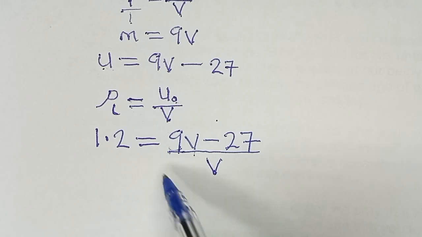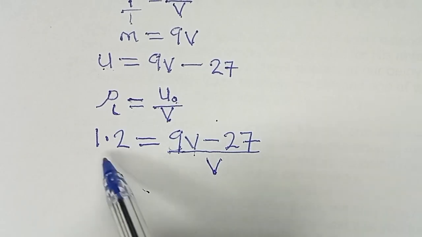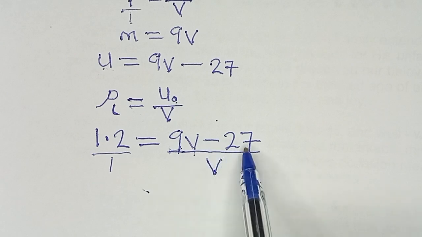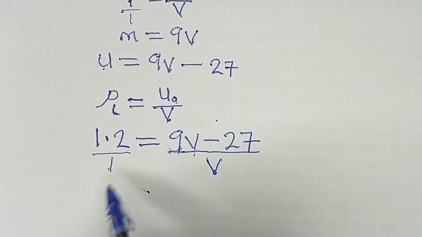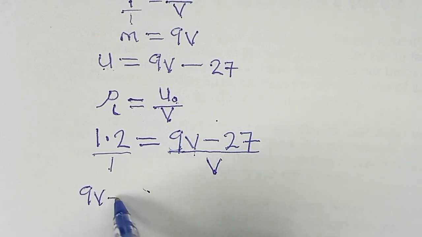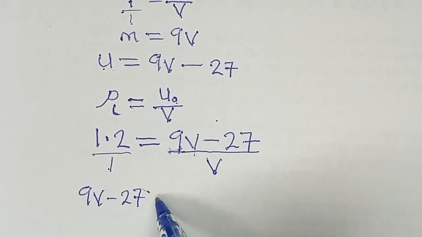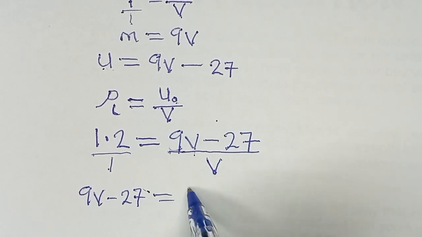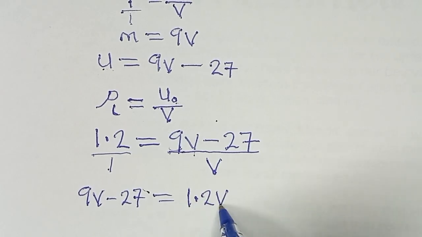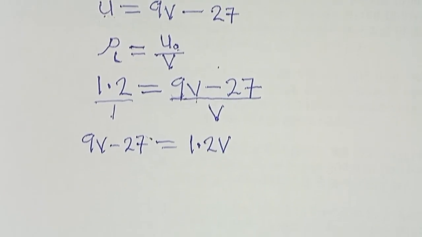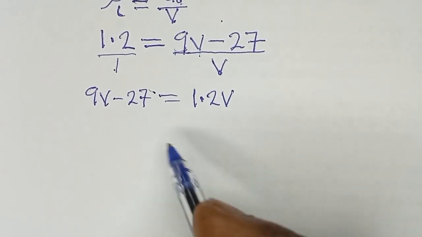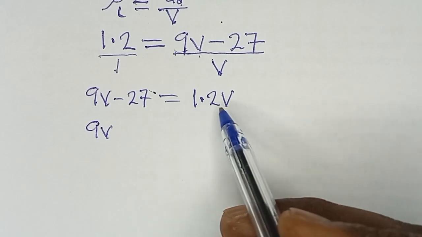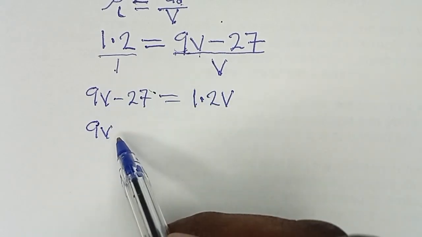Now 1.2, if I cross multiply, don't forget this is like over 1. So 9V minus 27 multiplied by 1 will still give 9V minus 27, and that will be equal to 1.2 multiplied by V, which gives 1.2V. Now I can simplify further. 1.2V is a like term, so let's bring it to the left hand side.